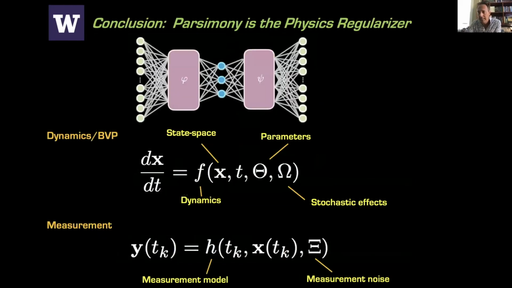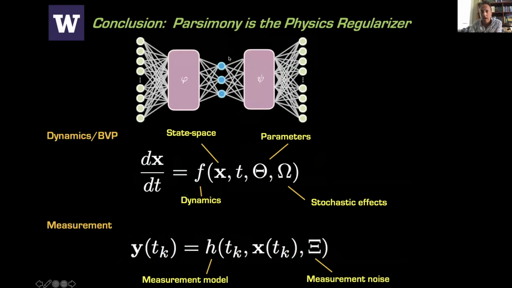All right, so that's it. For me, the conclusion is pretty simple. You've got to learn coordinates and dynamics together. At least for me personally, and you don't have to agree with this, that's okay. I think we should have quite a bit of diversity of opinions. But parsimony is the ultimate physics regularization tool here.